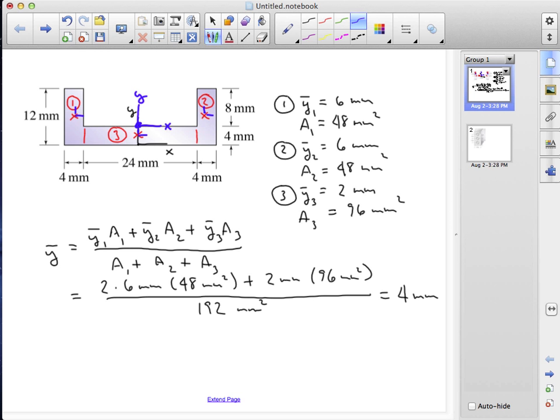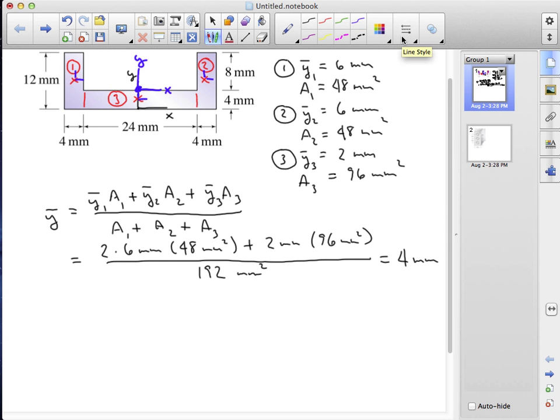For calculating Iy, we have for areas 1 and 2 a sum which is half the width of the vertical members plus half the width of the horizontal member, so that's going to be 2 plus 12, or 14 millimeters, which is the dy for areas 1 and 2 for calculating Iy. The local y-axis of area 3 is coincident with the y-axis of the centroid of the shape, so there will be no parallel axis contribution for that.